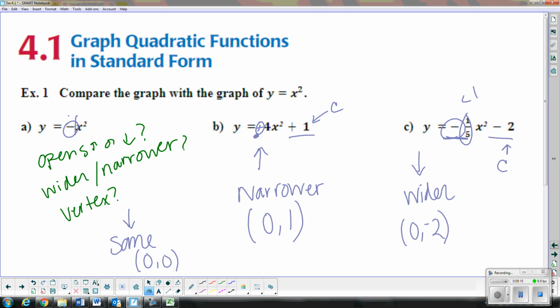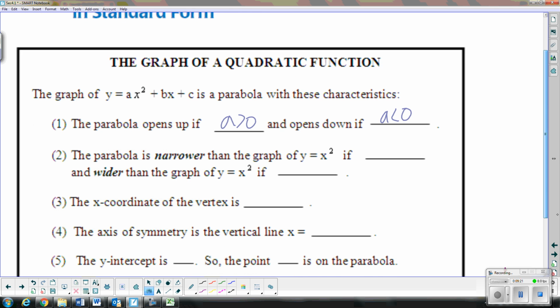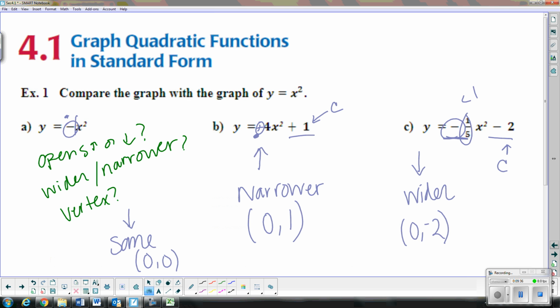If it's less than 0, like here, it's going to open down. The parabola is going to be narrower if the absolute value of a is greater than 1, and wider if the absolute value of a is less than 1. We saw that in the graphs that we did. Here, the absolute value of a is greater than 1. Here, the absolute value of a is less than 1.